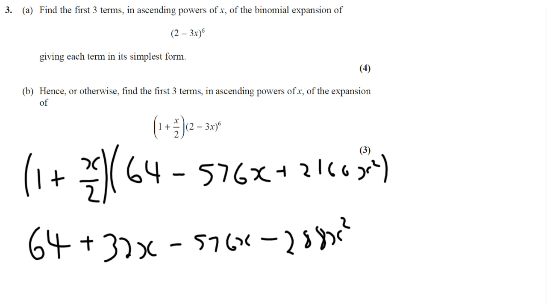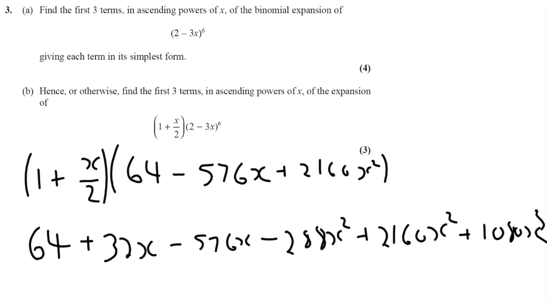And then we're going to do 1 times 2160x squared, and then we can multiply it by x over 2 multiplied by 2160x squared. Feel free to show that it works out as 1080x to the power of 3.